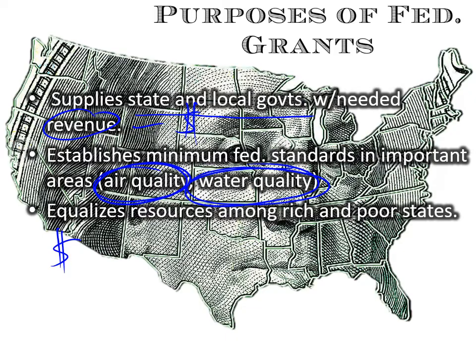So it also equalizes resources among rich and poor states. If everything had to be left up to the states and they had to raise their own money, not to be mean, but maybe Alaska or something would not have a lot of money to spend and California would have a bunch. So this helps balance things out a little bit between the states.